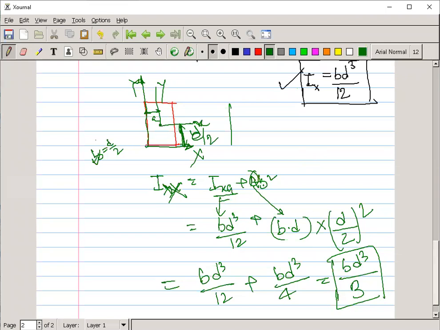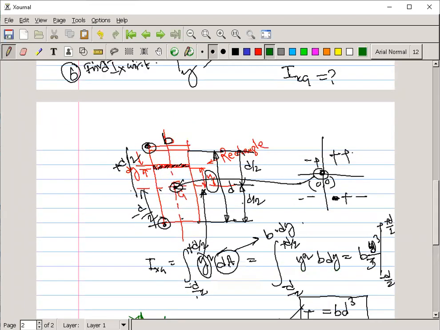As per the question, if you see the question minutely, here I have shown that this is the rectangle which has width b and height d. Half of that is d by 2.